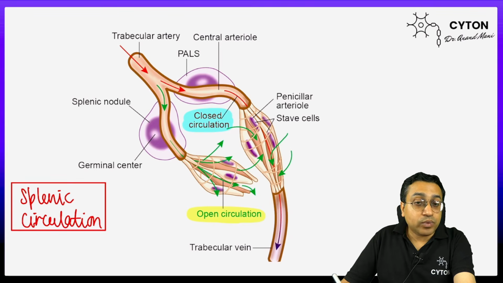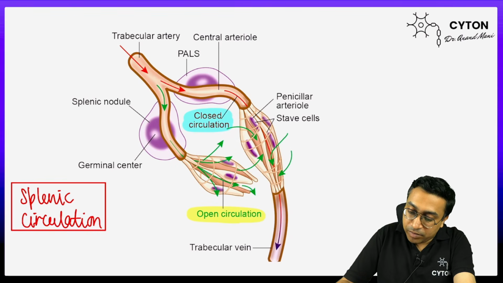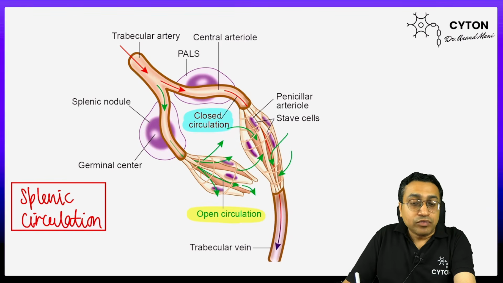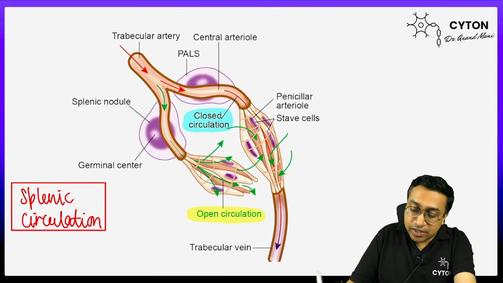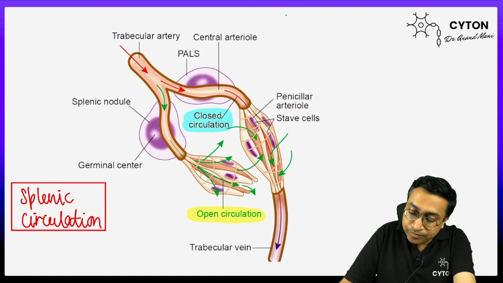Another one is the closed circulation, which has capillaries opening directly into the splenic sinusoids. You can see the capillaries which are opening directly into the splenic sinusoids. This is the key word to remember here, and although we will revisit this in detail in histology, I am just writing it for your understanding.